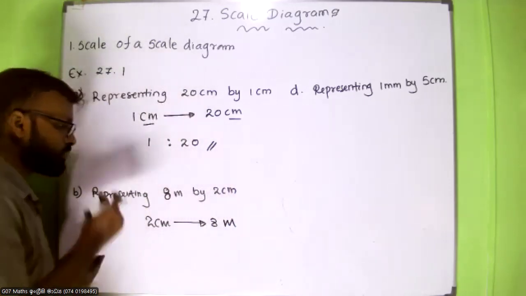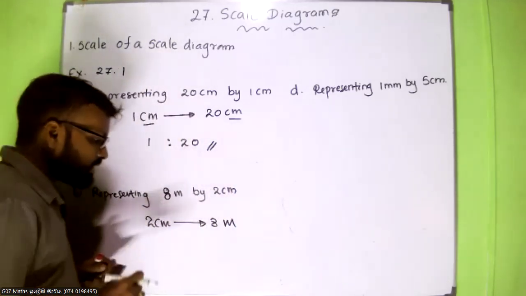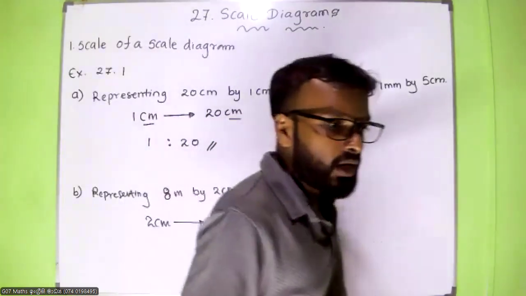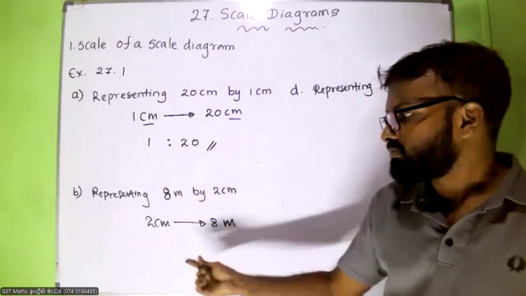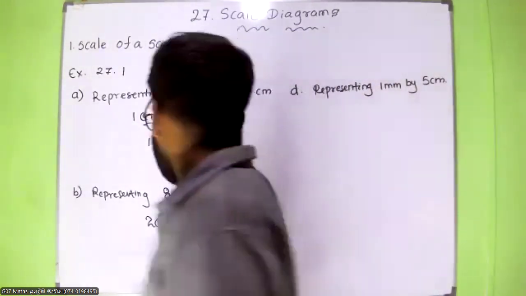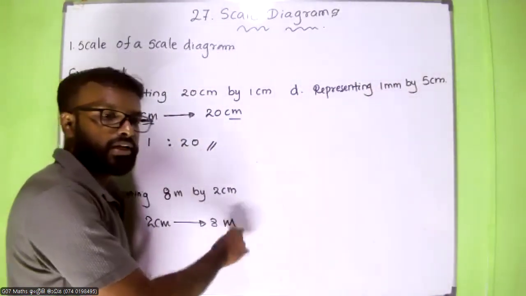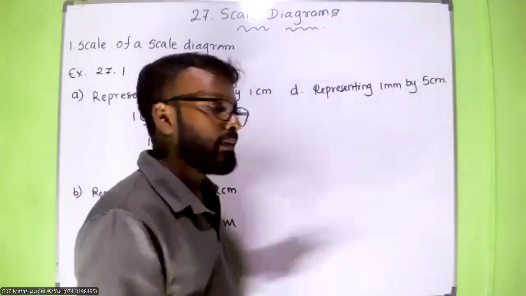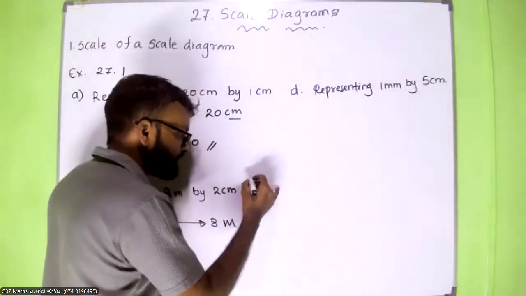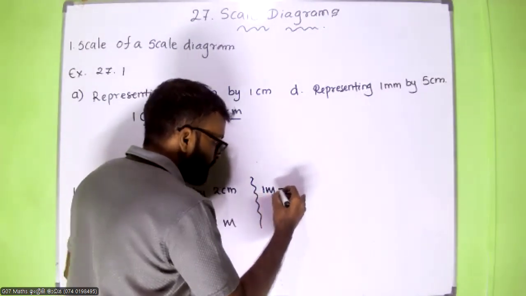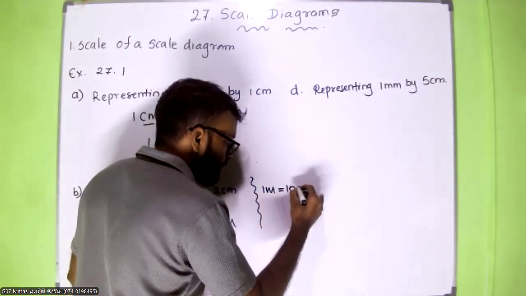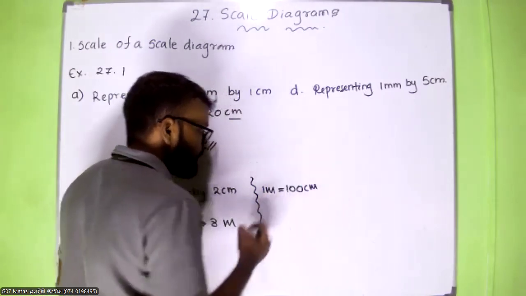So what is the small unit, meter or centimeter? Centimeter is the small unit, so I am going to convert meter into centimeter. What is the relationship between meters and centimeters? 1 meter equals 100 centimeters.